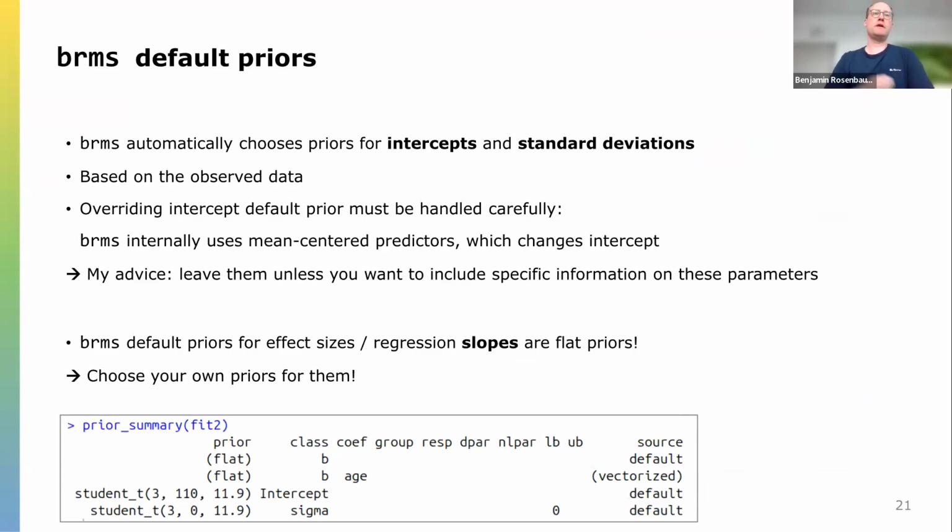We have seen yesterday already, in this table, that BRMS automatically chooses some priors for intercepts and standard deviations, so we don't usually have to take care of this. It is already based on the observed data. However, the intercept is based on a mean-centered predictor.